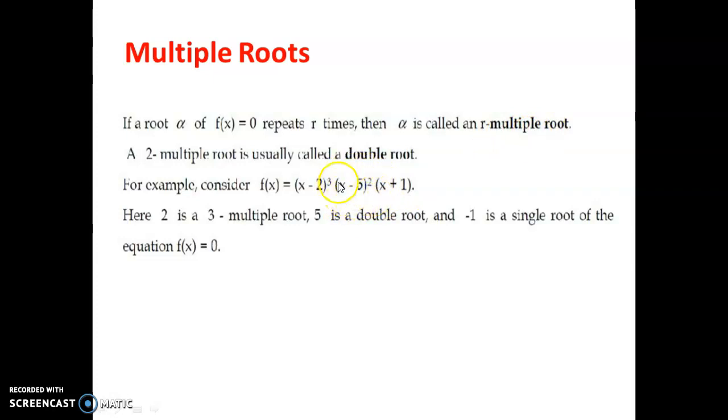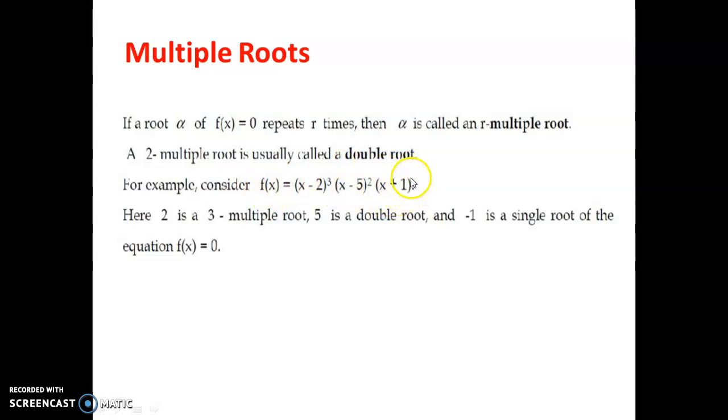Similarly, in this polynomial f of x, there exists one factor as x minus 5 whole square. That means 5 is a root of this polynomial equation 2 times. Therefore, we can say that 5 is a 2 multiple root, or that 5 is a double root of this polynomial equation.